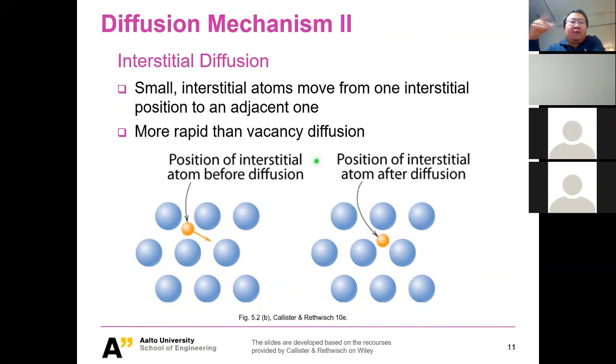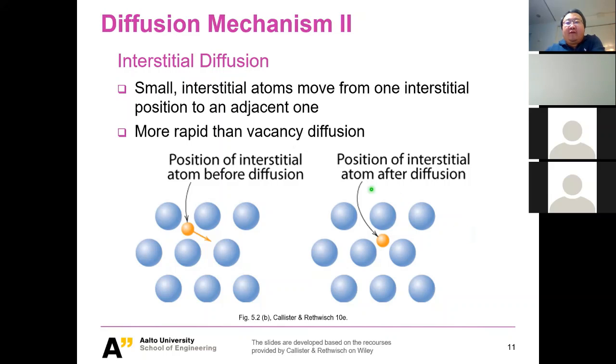Yeah? So those places are called interstitial places. For example, here, this small atom can just come into this position, and it can easily also go around into these positions.